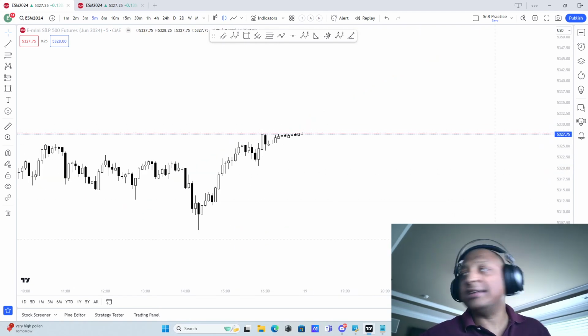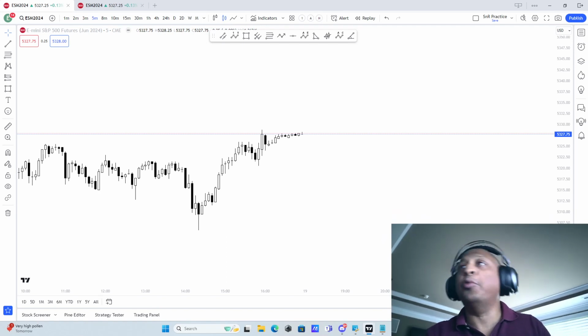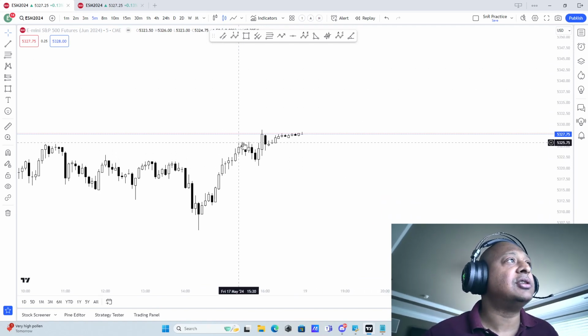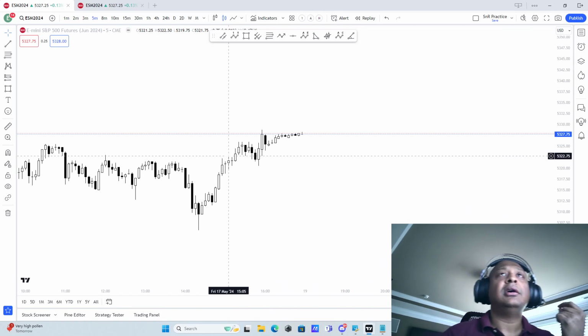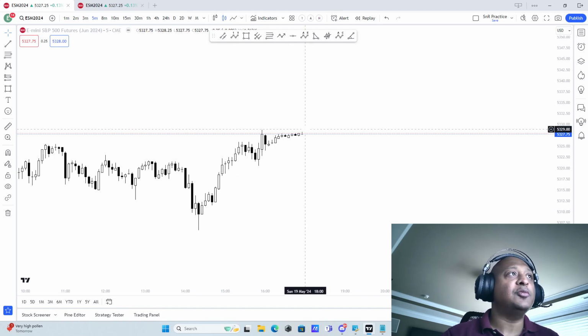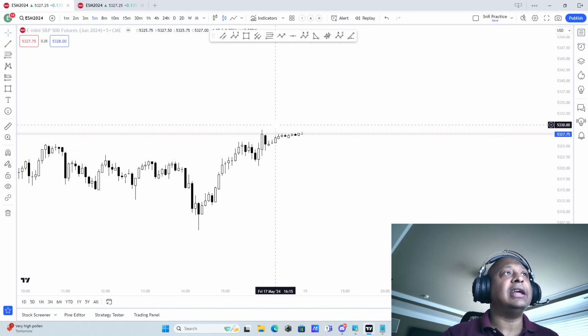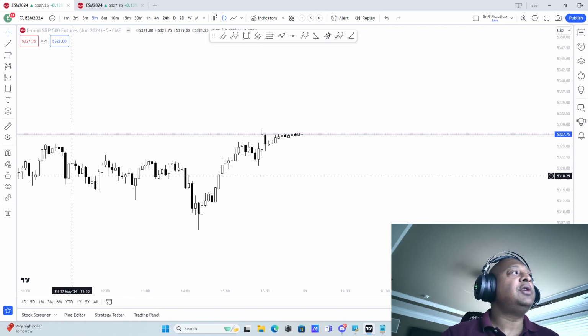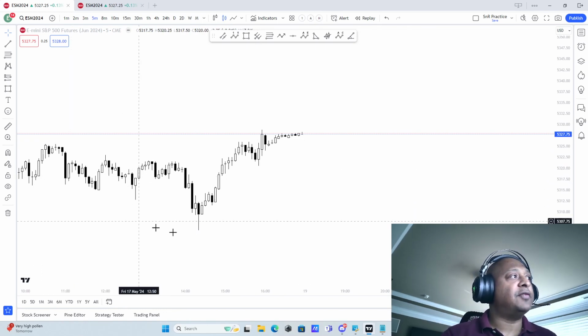So what I'm saying is, you guys understood what we call a wedge, right? A wedge is a 3-point touch of a single line. And when we are talking about a wedge in a bullish move, we are talking about that line on the top of the structure. When we are talking about a bearish move, we are talking about the bottom of the structure.